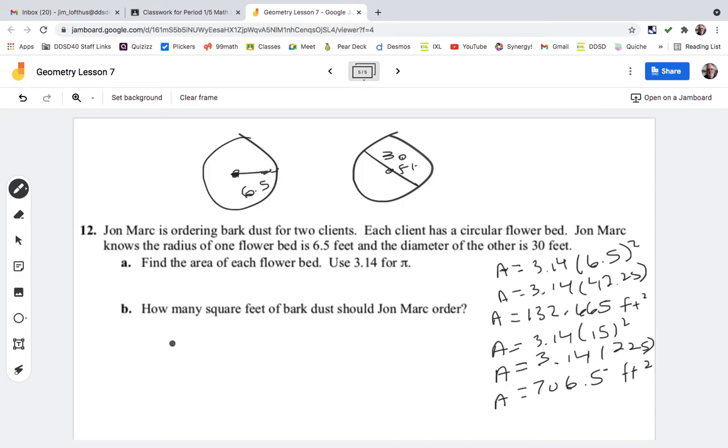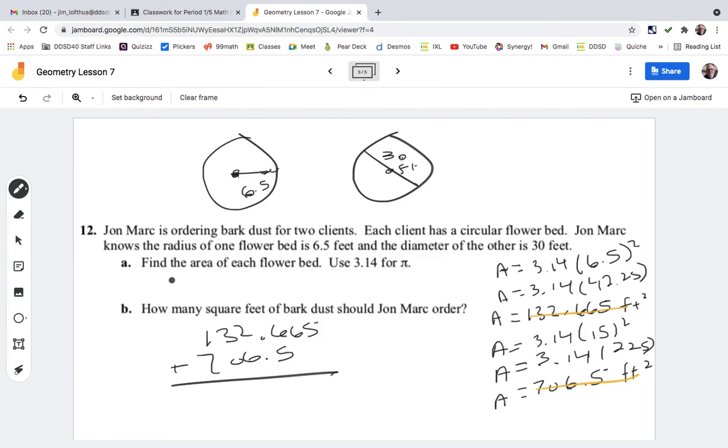So we're going to take these two amounts right here, this amount and this amount. We're going to add those together. So 132.665 plus 706.5 is, nope, I didn't do that right because that does not make sense.